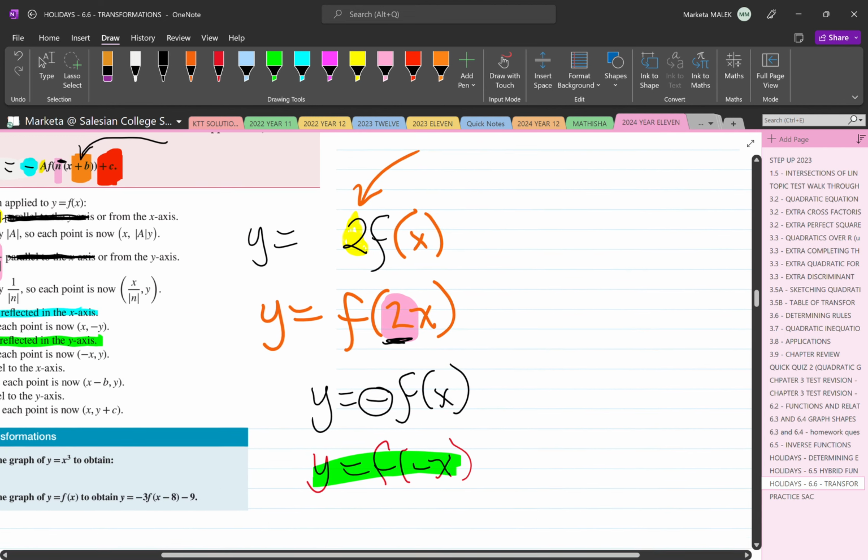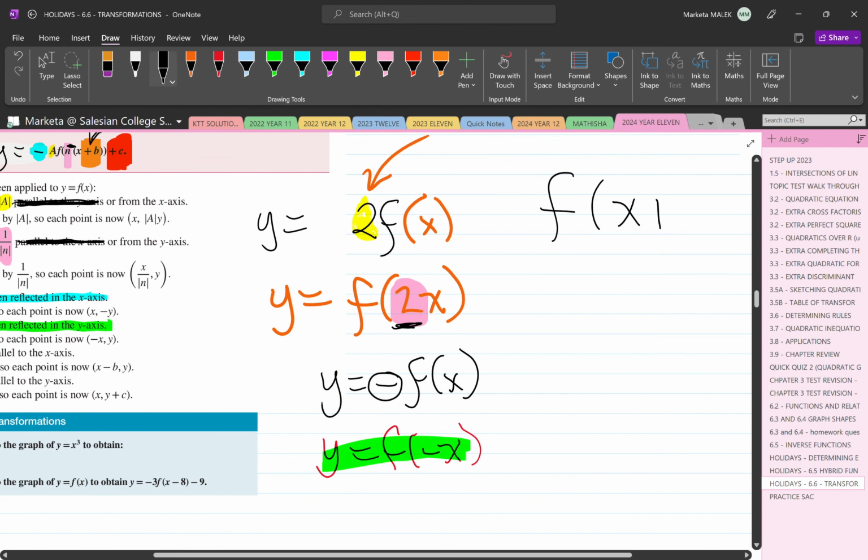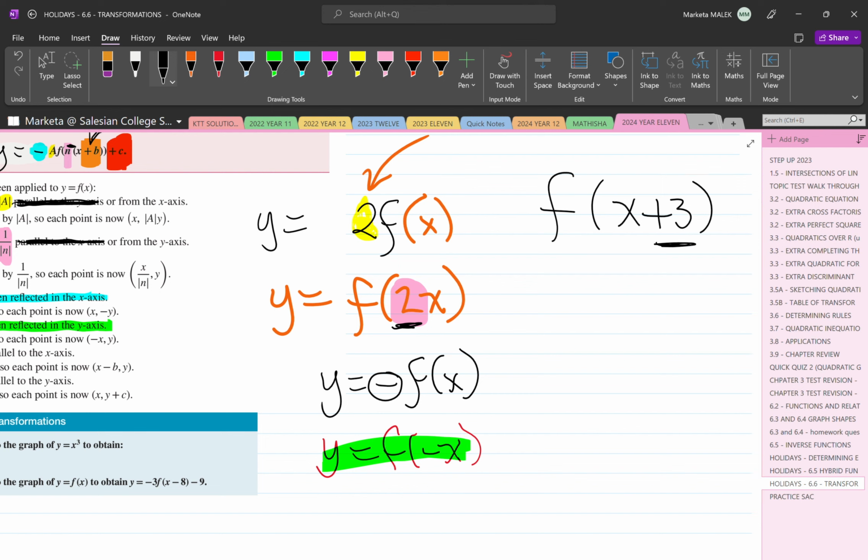So if we had f of x plus 3, that means we're going 3 units in the negative direction of the x-axis. So on our graph there, we would move this point 3 in the negative direction, like always. Go backward by 3. If this was a -3, we'd be going in the positive direction.